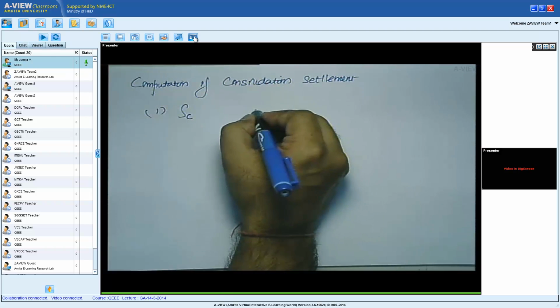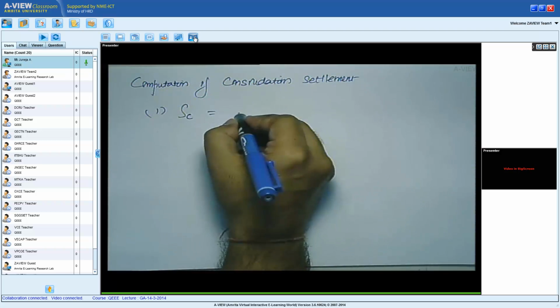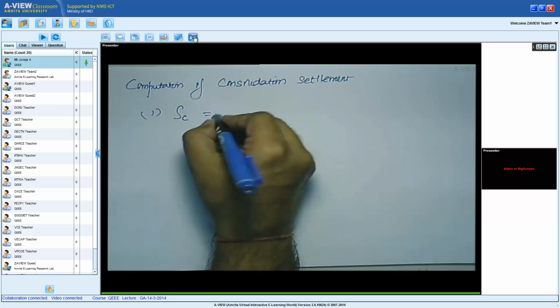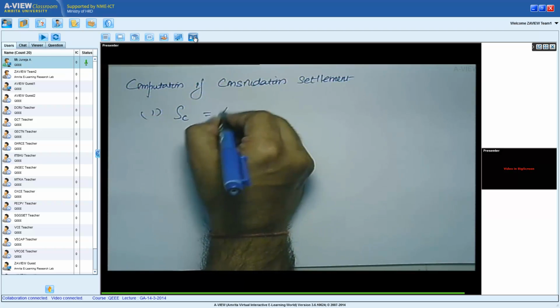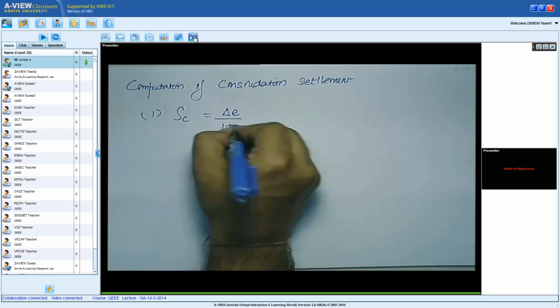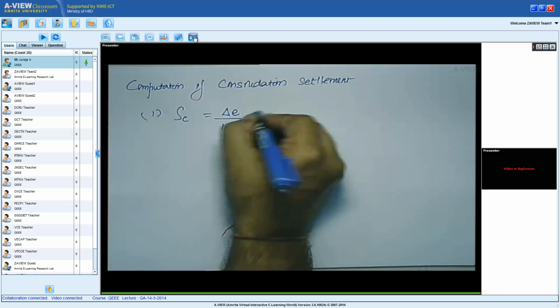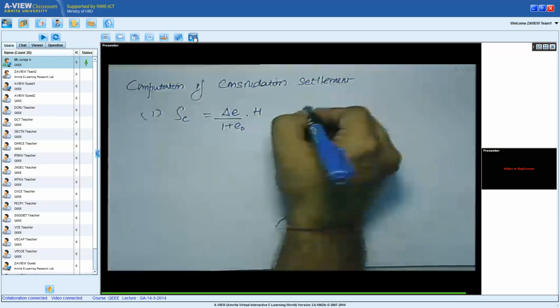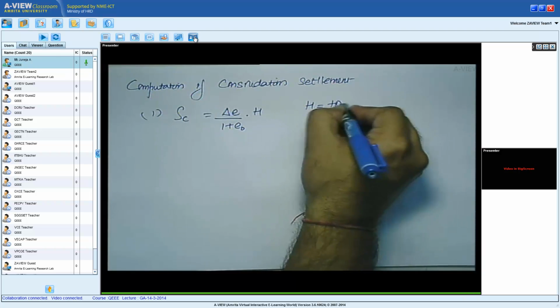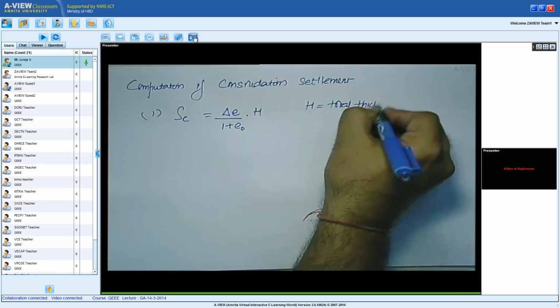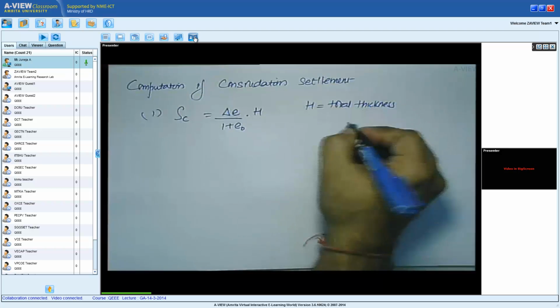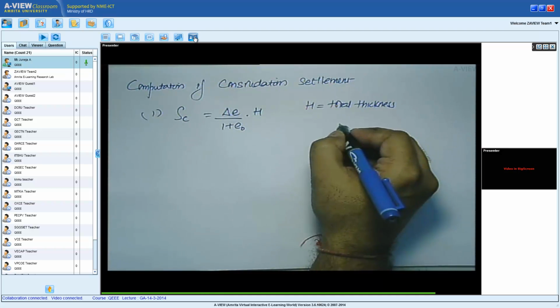The first expression is the mother of all expressions, because the remaining three have been derived from it. SC is the change in void ratio over the original volume times the total thickness. Remember, H is always the total thickness of the layer.